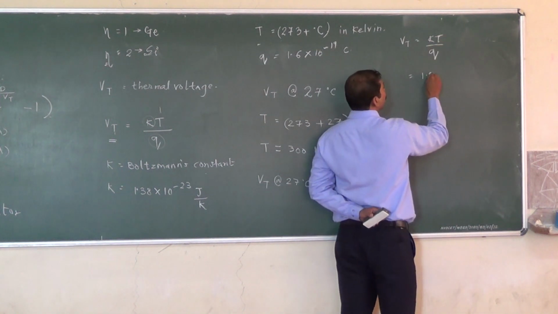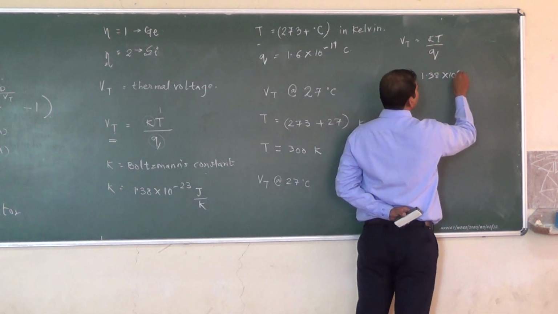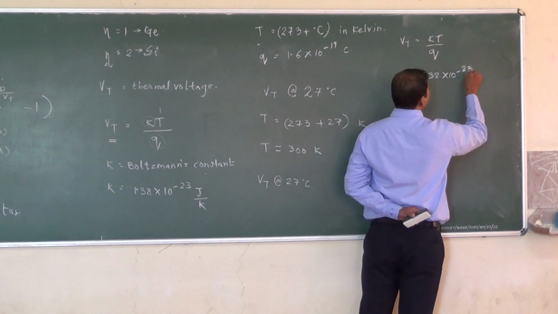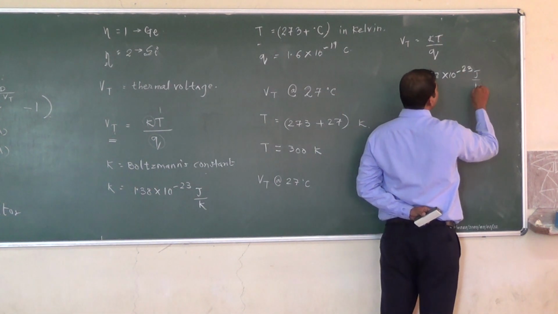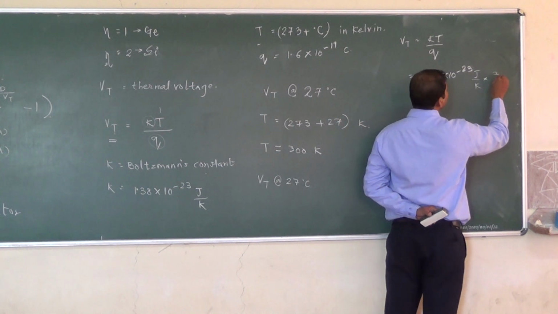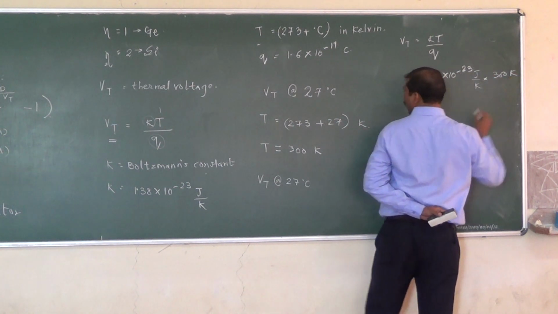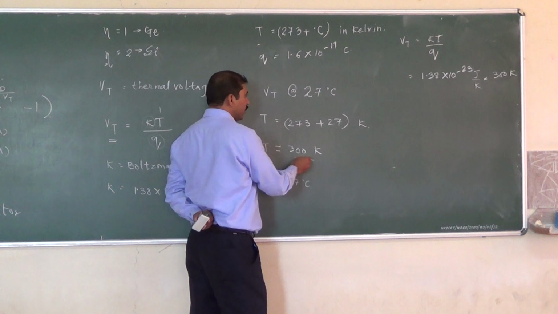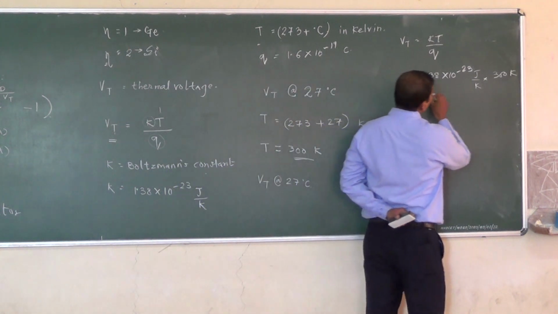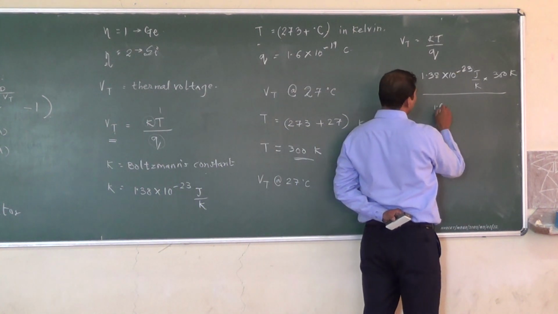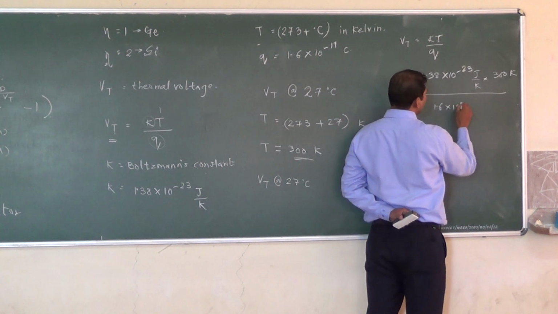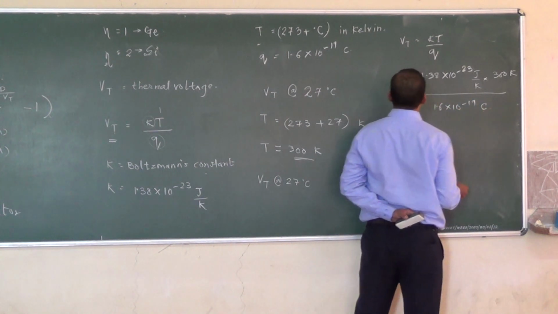So k is 1.38 into 10 raised to power minus 23 joules per Kelvin, into temperature 300 Kelvin at 27 degrees centigrade, divided by the charge on the electron, 1.6 into 10 raised to power minus 19 coulombs.